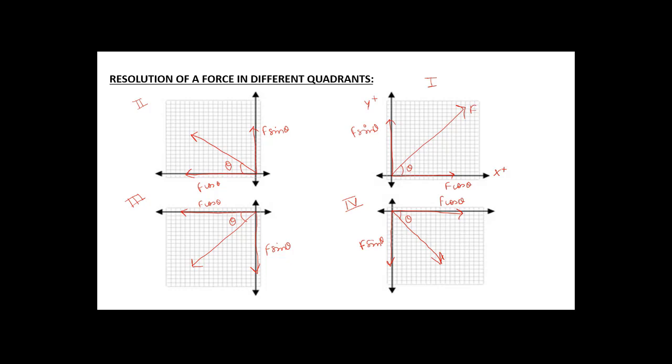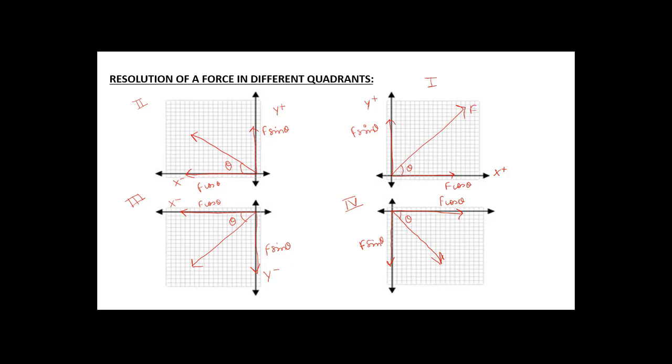In the second quadrant, if this is the angle theta, then the component F sin theta is acting in the positive y direction, whereas F cos theta is acting in the negative x direction. In the third quadrant, if this is the angle theta, then F cos theta is acting in the negative x direction and F sin theta is acting in the negative y direction.